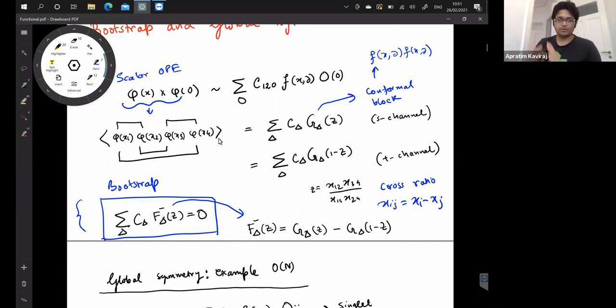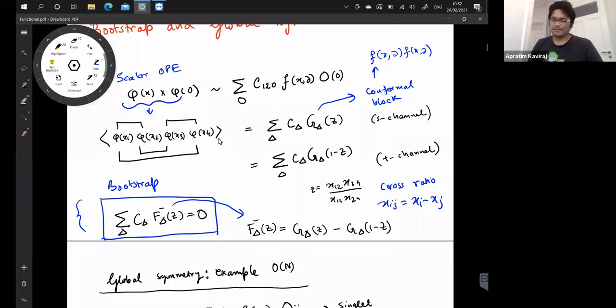The only thing that you know is the expression for the conformal blocks, and when you solve a CFT, you just know the expression for the conformal blocks, and you know that it satisfies crossing.